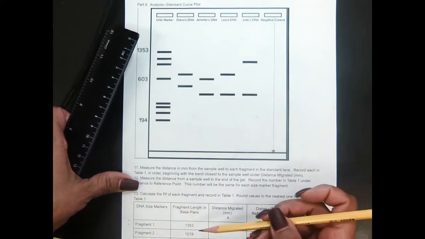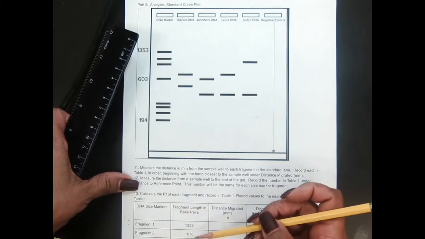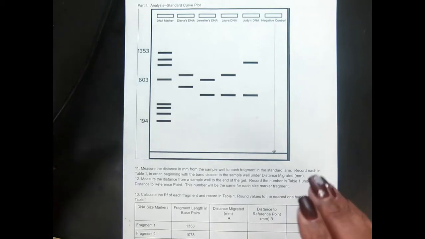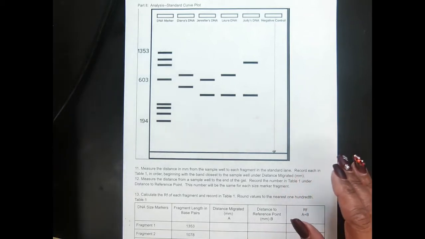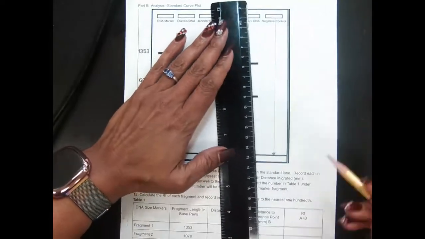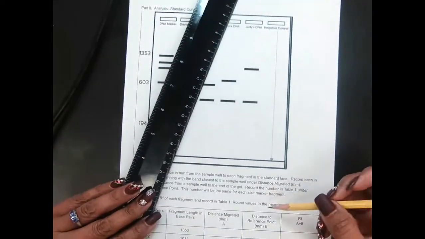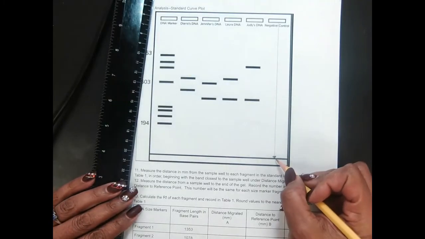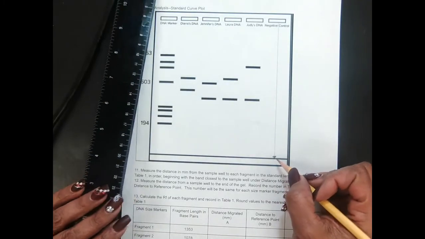I'm going to go ahead and do these first 3, and we're going to go across. Now, the first measurement I want to get is my reference point. So distance to the reference point. Here, this first line is the reference point.